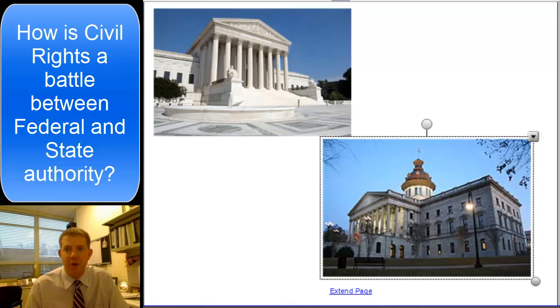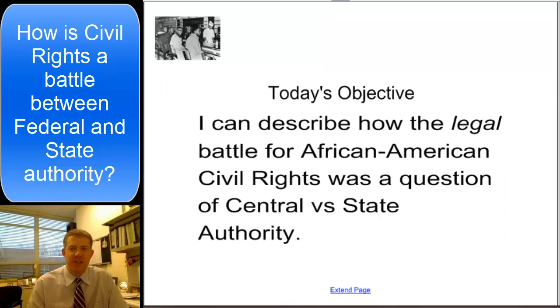So how does the seeking of rights by one specific group of people, and when I say rights, I mean things like access to public facilities, the right to vote, the right to something maybe as simple as walking up to a counter and ordering a meal without being harassed or kicked out.